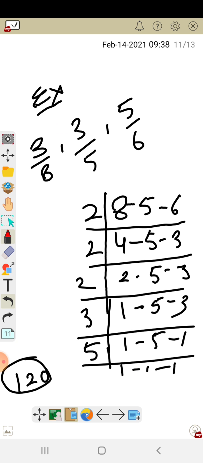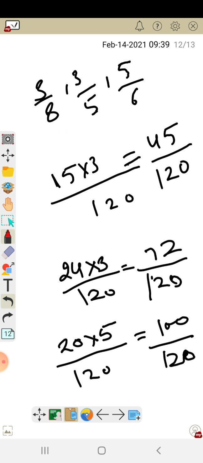So in that case, first of all we find the LCM of 8, 5 and 6. The LCM will be 120. Next step: 120 divided by 8, the quotient is 15, and 15 multiplied by 3 gives 45 upon 120.